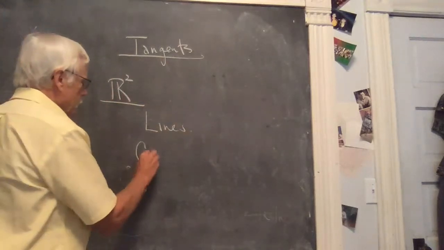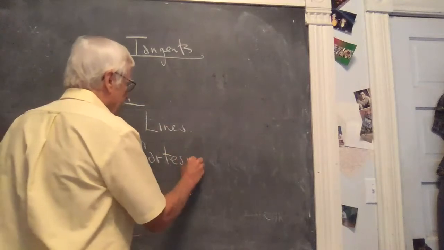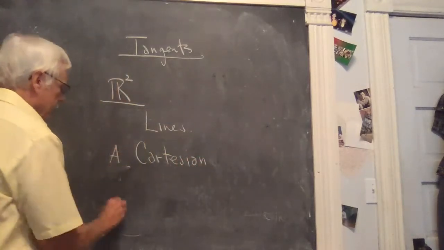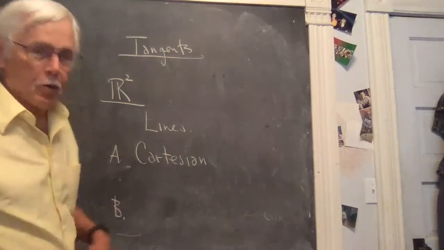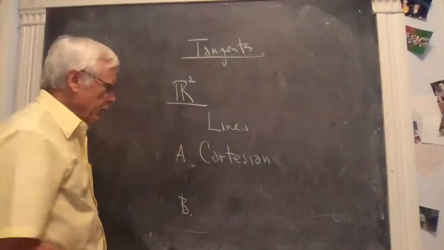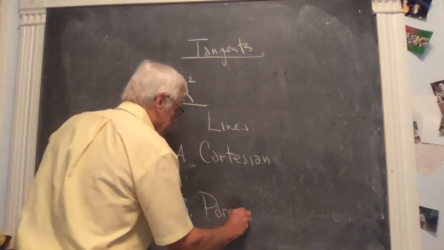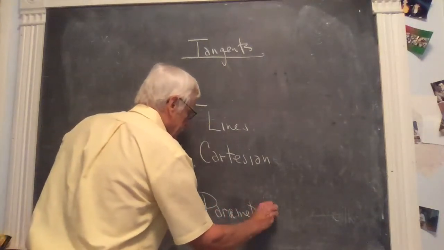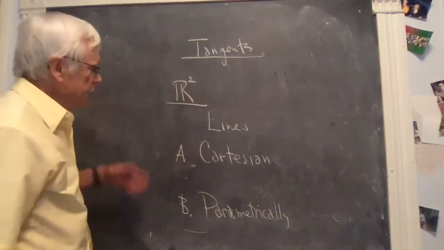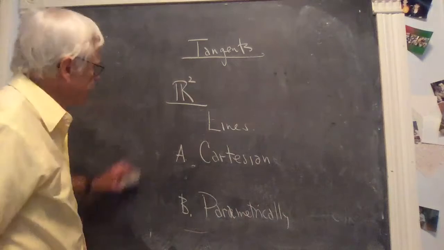We can deal with lines using Cartesian coordinates, x's and y's, or we can deal with lines parametrically. So we can look at these lines parametrically. And that's basically it. So let's take a look at that.